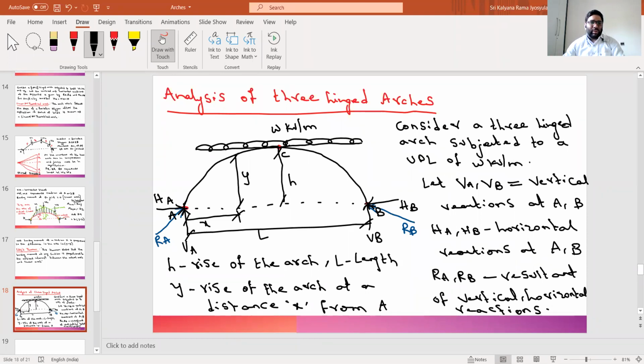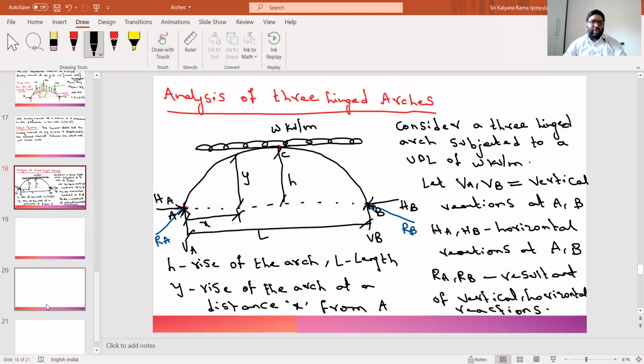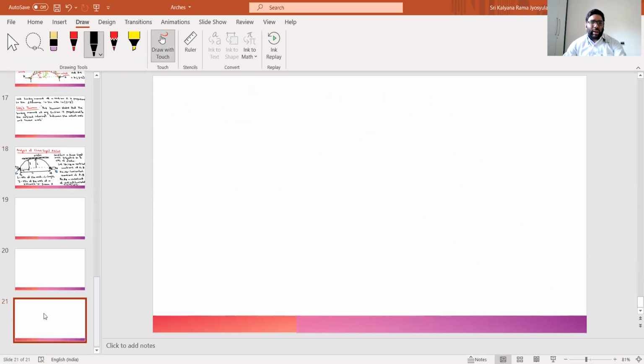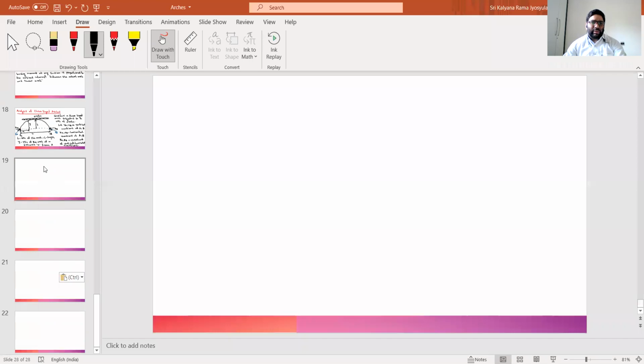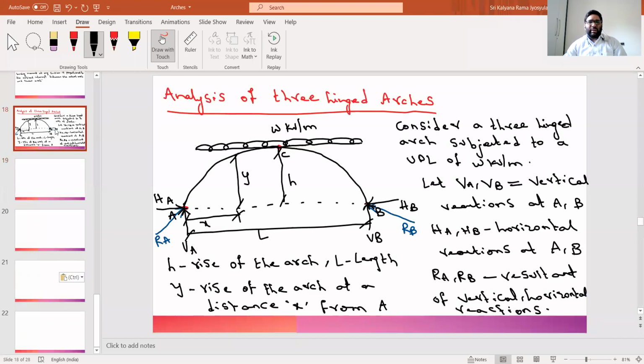With this, we need to derive the expression for the normal thrust, radial shear, and bending moment. All of you can see this here. This is the overall arch with all the loading conditions and everything that is being considered.